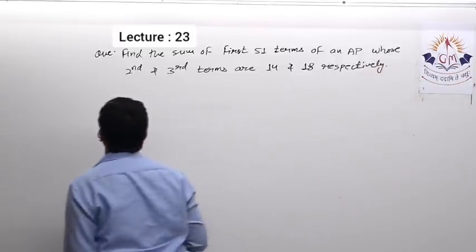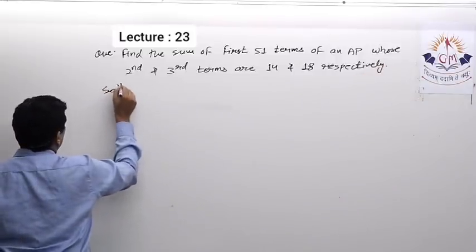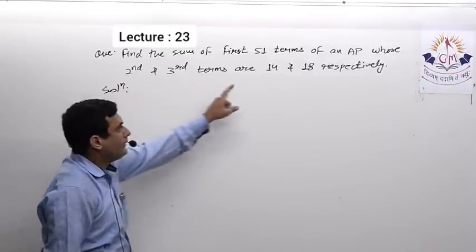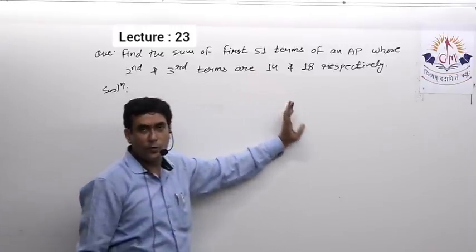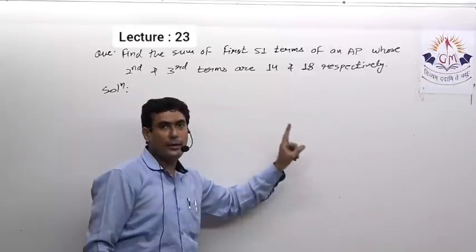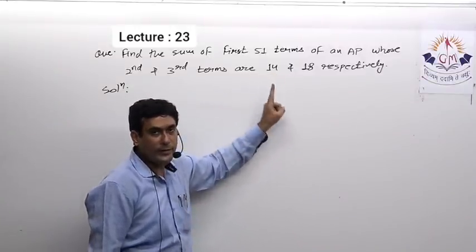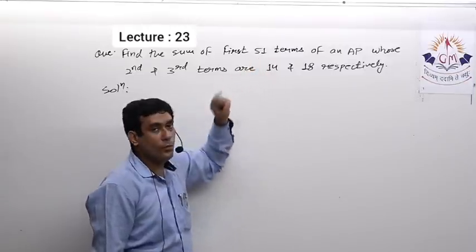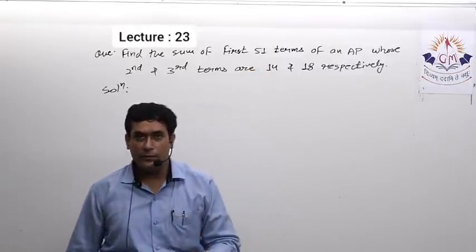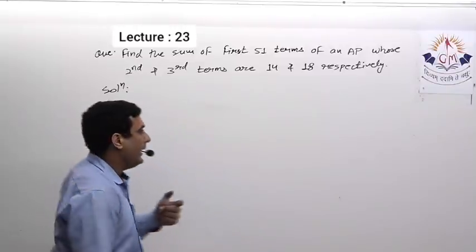So what we need? We have to find the sum of first 51 terms, and the formula is n by 2 into 2a plus n minus 1 into d. That means we need three variables. n is given directly. What extra we need? The first term and the common difference, that means a and d.